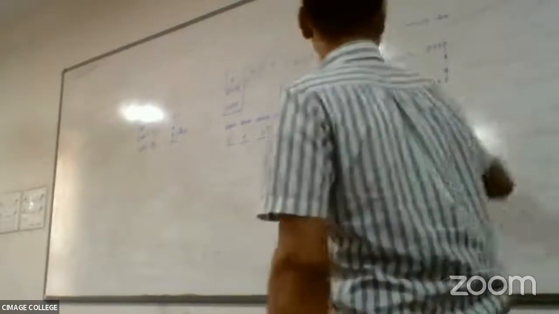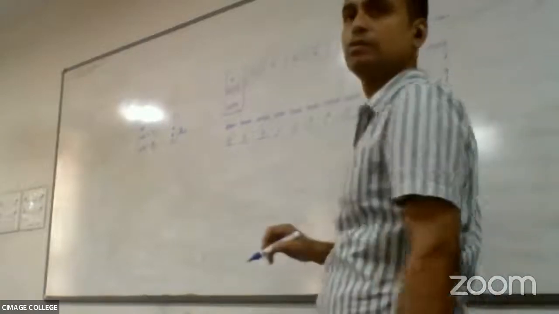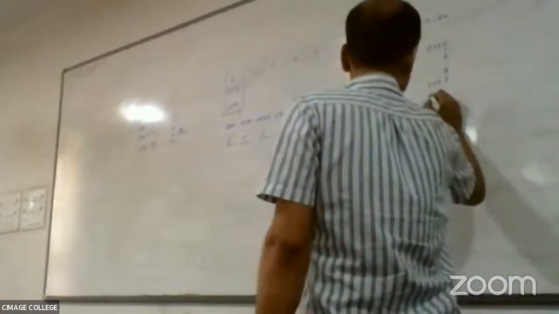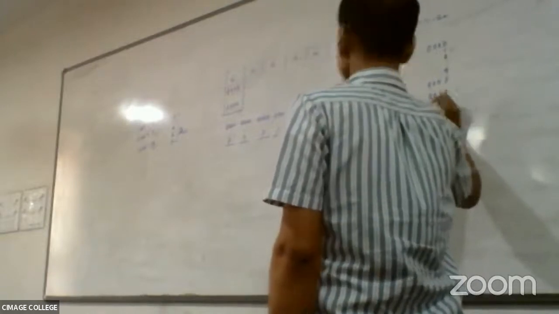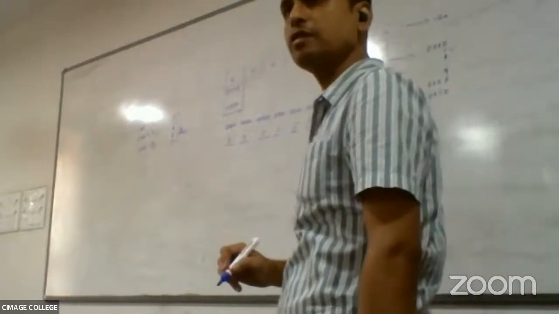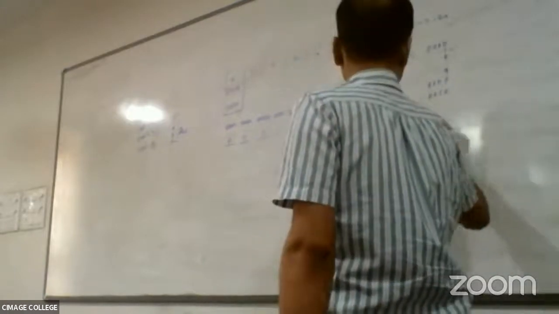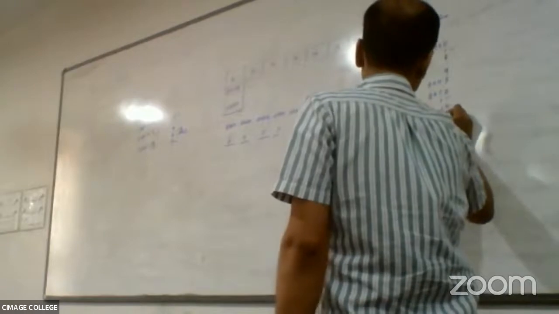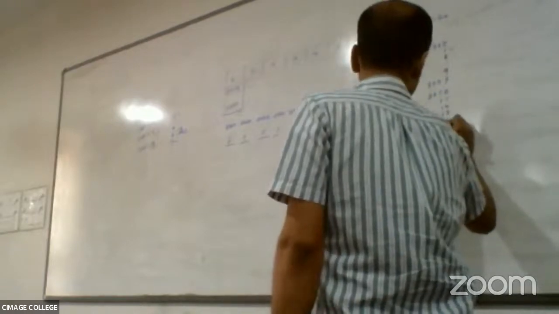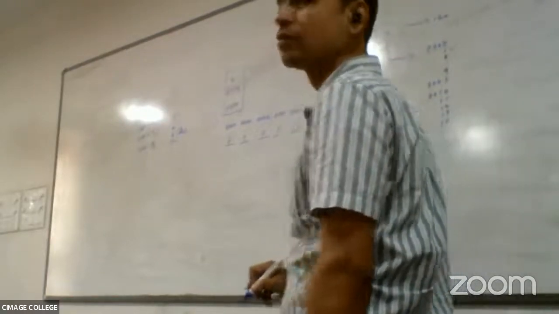1. 0. Then 11. Means 1 1 1 2 1 3 1 F. Then the next value.